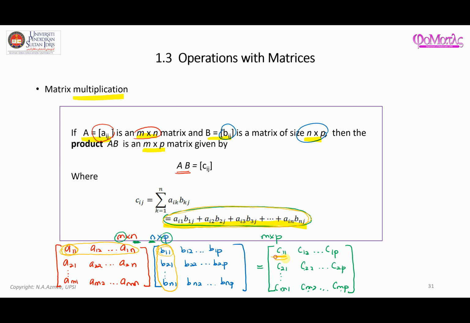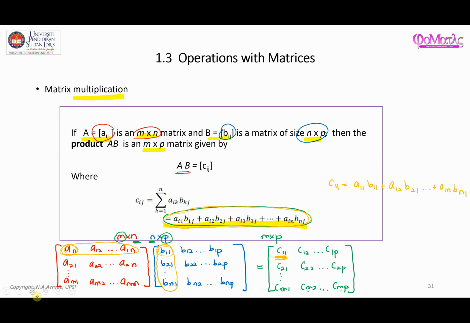So basically, to get the result for C11, we multiply A11 with B11, plus A12 with B21, and continue in this fashion until the last item, A1n multiplied with the last item in the first column, Bn1. That result is plugged into this position.